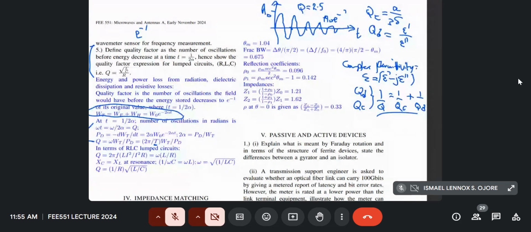By intuition, do you think the final Q is going to be reduced or increased when there is this complex permittivity? Or by derivation, is Q going to reduce or increase?